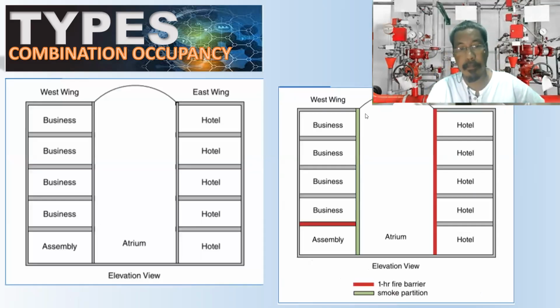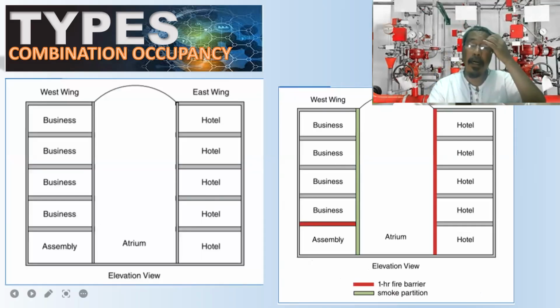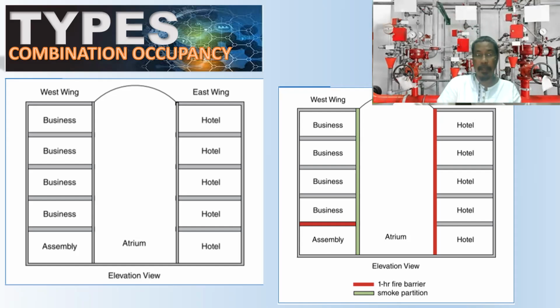And for example, we have an elevation view, a west wing, east wing, several businesses on different floors, and hotel on the east wing. We have an assembly on the ground floor and atrium. In this case, we can compare to the same elevation view.